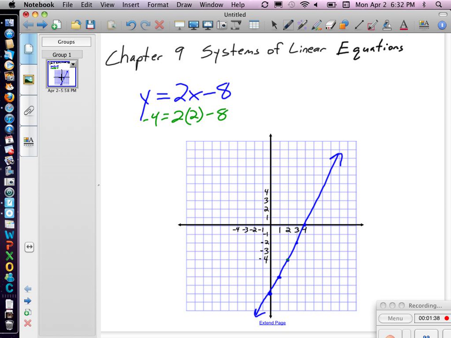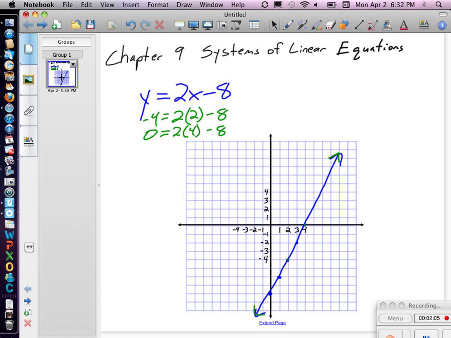Okay, so an x of 2 and a y of negative 4 is a solution. At the same time, if you plugged in 4 comma 0, so 2 times 4 minus 8 would equal 0, that is also a solution. And these arrows on the end of each line indicate that you could get solutions forever and ever and ever without stopping.